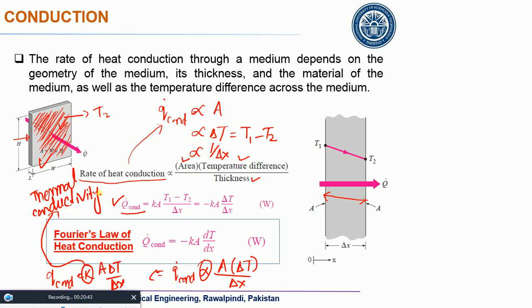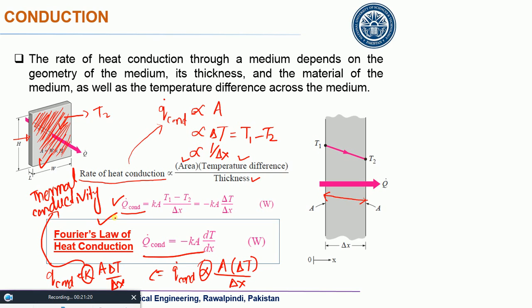For example, for iron, let's say you have a value of 60 units for K, and for water a value of, let's say, 0.6 units for K. So which one would be a better conductor? Iron would be a better conductor, right? Because it has a greater magnitude of thermal conductivity, so it transfers heat in an efficient way. So this law is known as Fourier law of heat conduction.